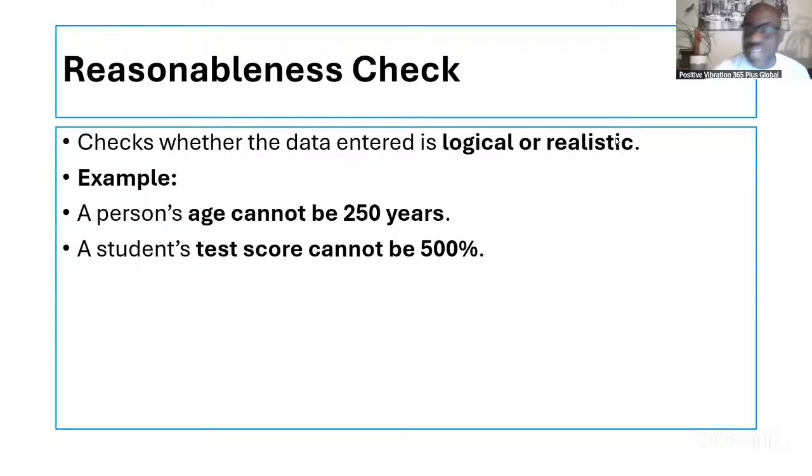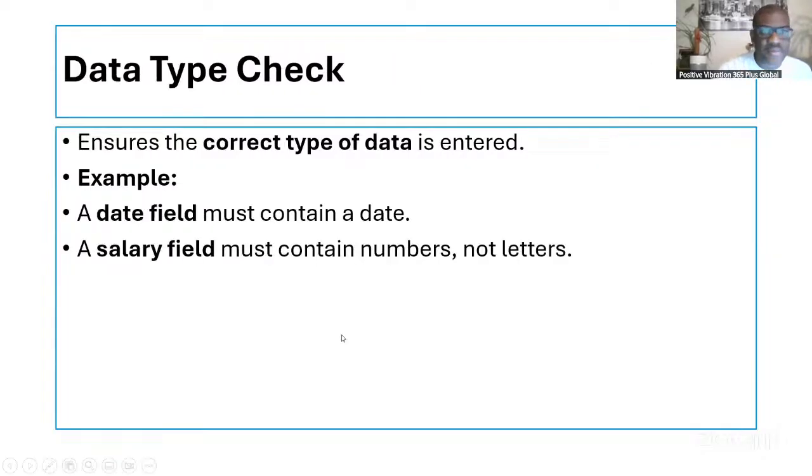We are not living at the time of Melchizedek and Adam and Eve. So nobody now lives so long again. All right, cool. And again, for a test score, if somebody enters that a student got 500%, that is wrong, right? Because the highest a student should be able to get is 100%.